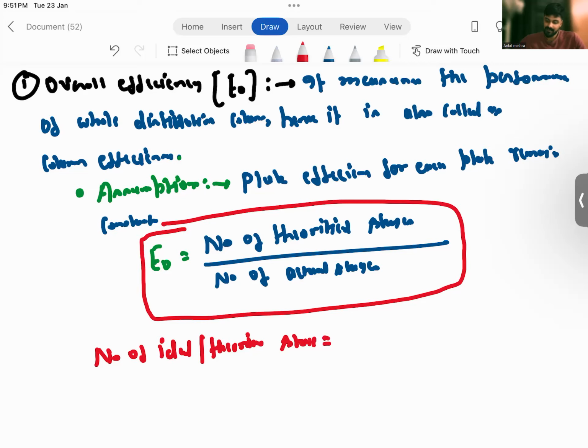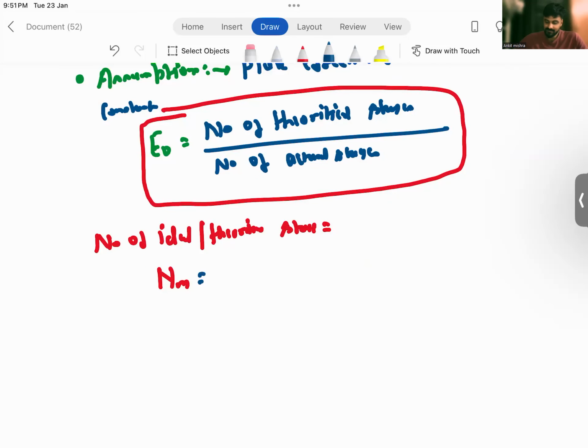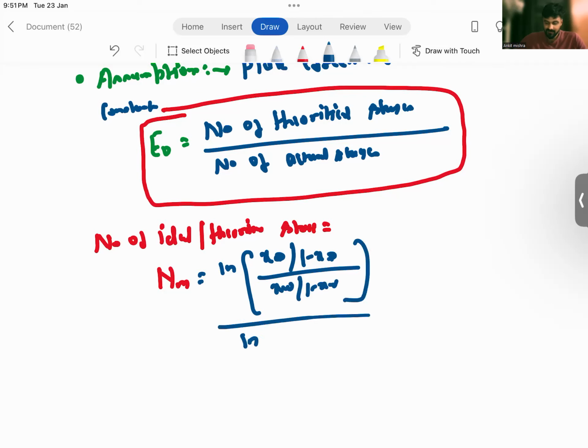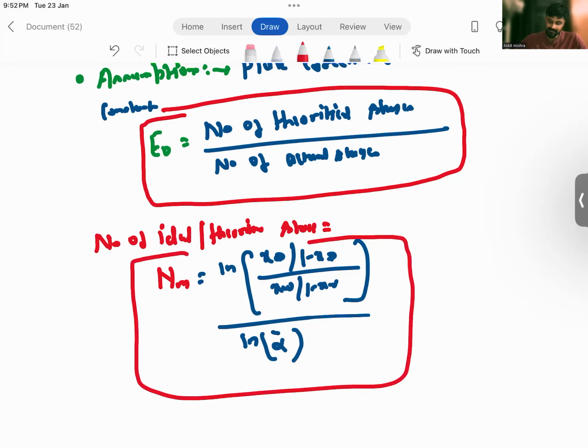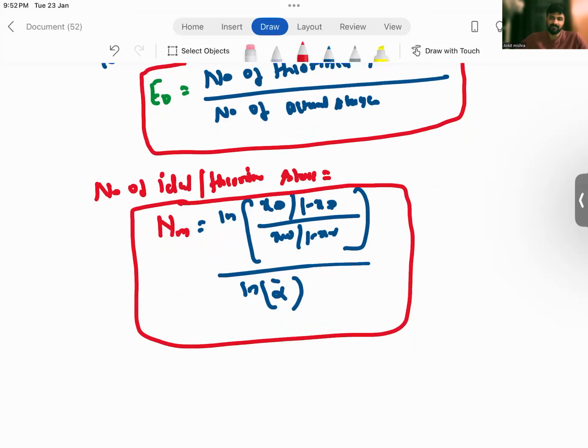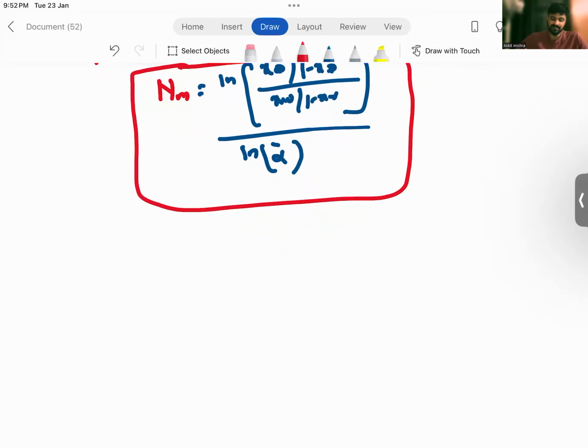If you remember that concept, Nm, the number of ideal stages, equals ln of x3 upon 1 minus x3 times 1 minus xw upon xw, divided by ln alpha bar. This is the formula for calculating the number of theoretical or ideal stages, and from there you can calculate that value. After that, the number of actual stages will be given to you. This is the overall efficiency of a distillation column.